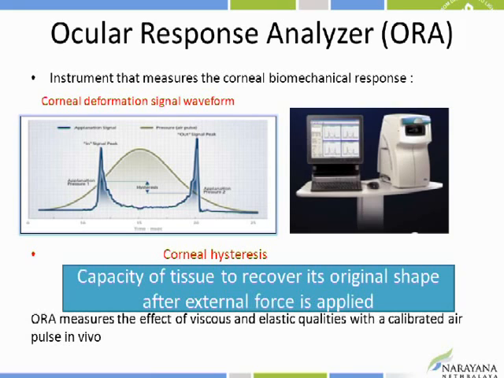Because we need to measure. Simple. So overall, the capacity of the tissue to recover its original shape after external force is applied is what corneal biomechanics is, which has been put into two different things, which are corneal hysteresis and corneal resistance factor.